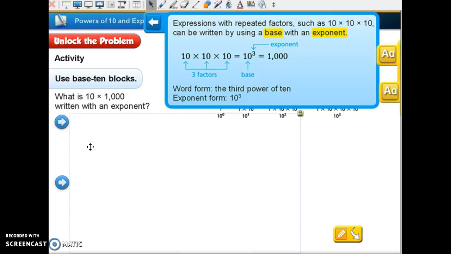So that is why the exponent is 3. Word form, the third power of 10. Exponent form, 10 with that small little 3. Should that exponent ever be as big as your base number? No.